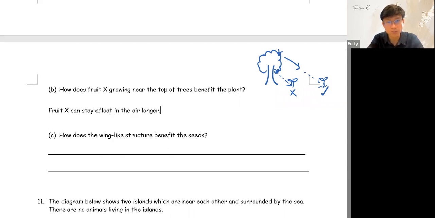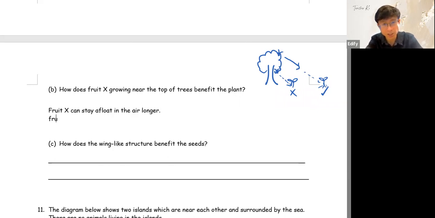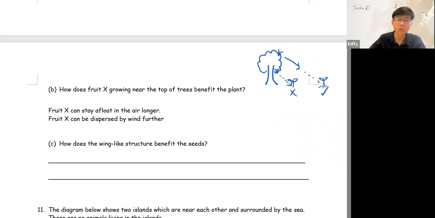So therefore, fruit X can be dispersed by wind further. Use the word disperse. Don't use other words like fly. Use the word dispersed by wind further. You must have the er. Further is a comparison as compared to if it's not near the top of the tree.